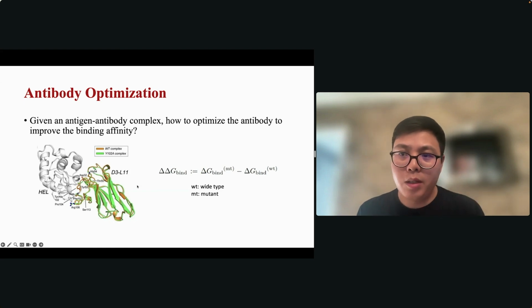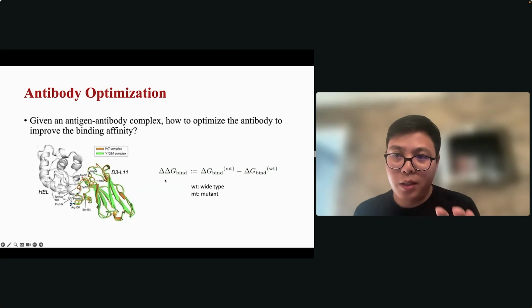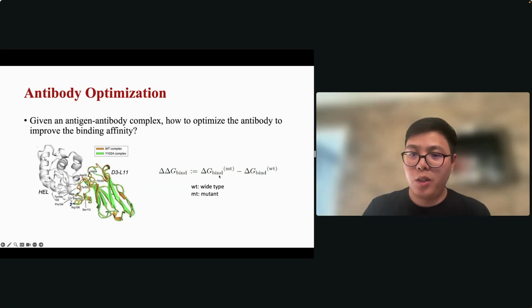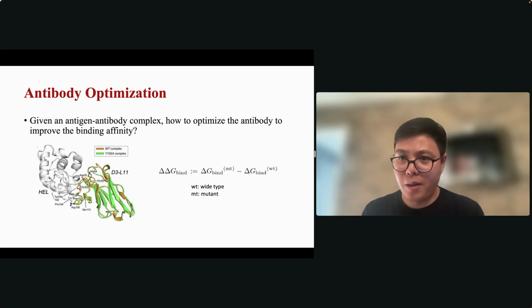So mathematically, what we want to do is build a binding affinity change prediction model. We want to predict, if we make some mutations on the interface, what is going to be the binding affinity change, right? So we want to build this delta G prediction model, which is the difference between the binding free energy of the mutant and the binding free energy of the wild type.